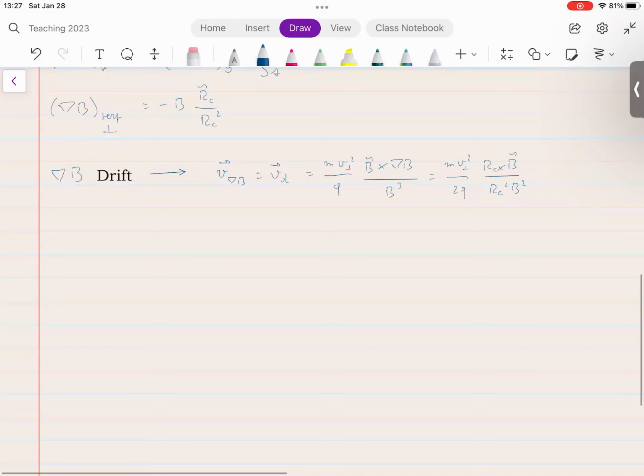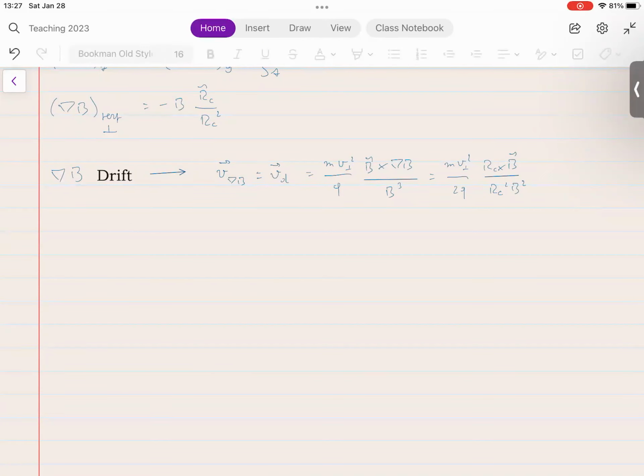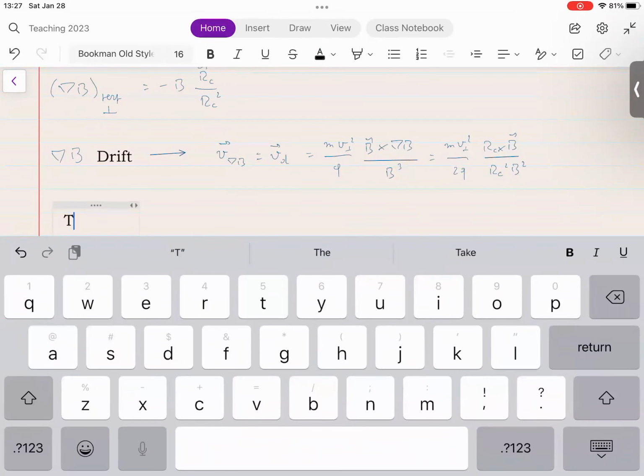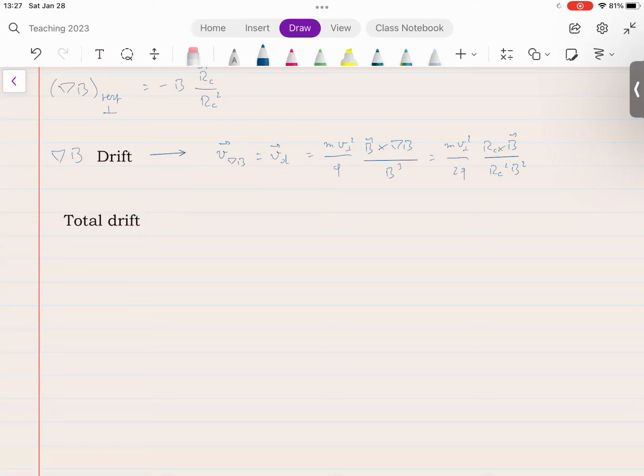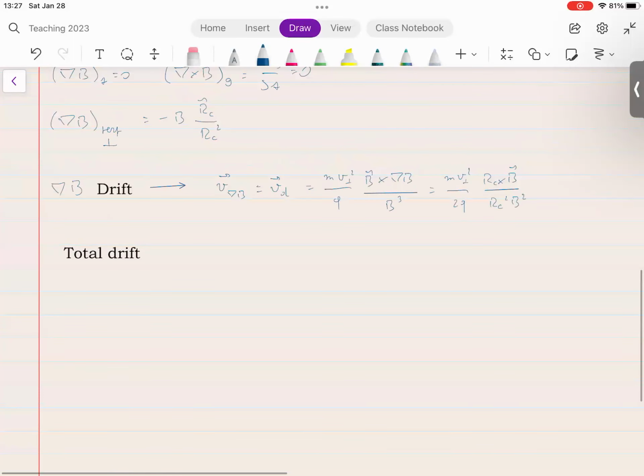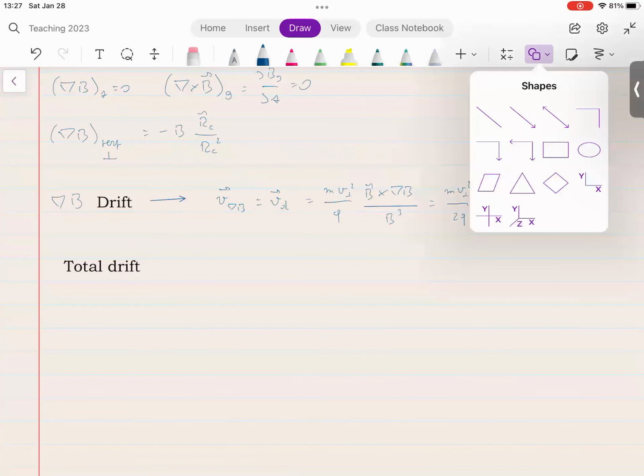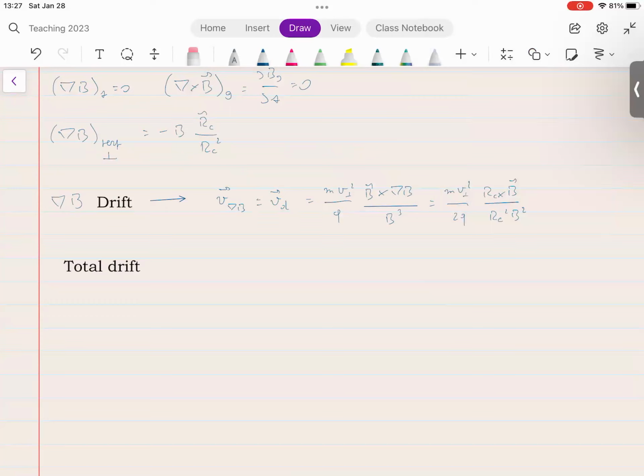And the total drift in this vacuum field, where I'm also assuming that the electric field is 0, is going to be given by the grad B drift plus the curvature drift.